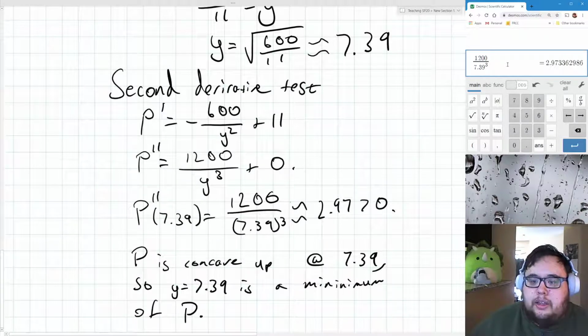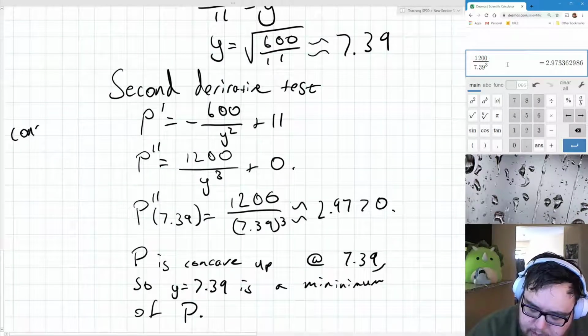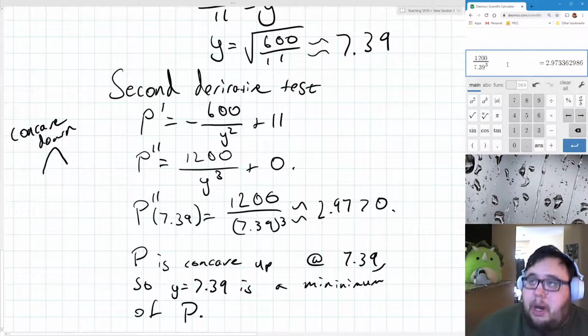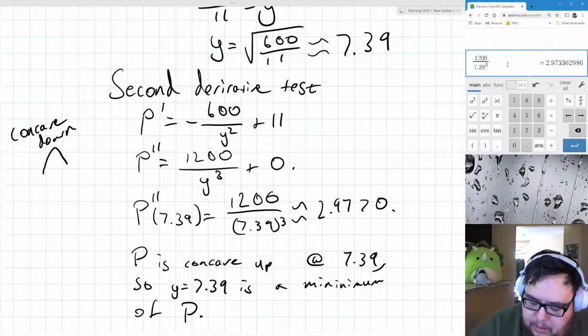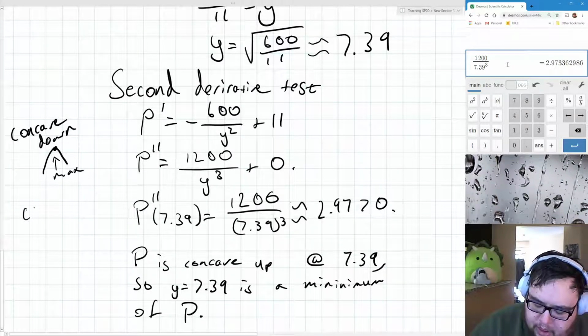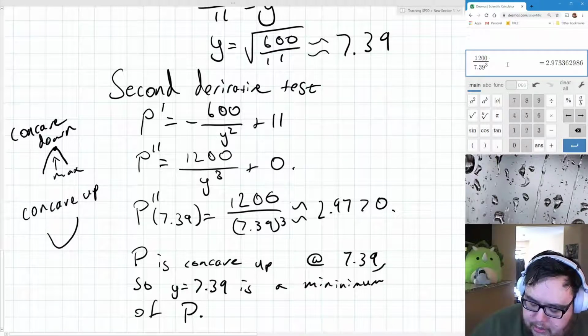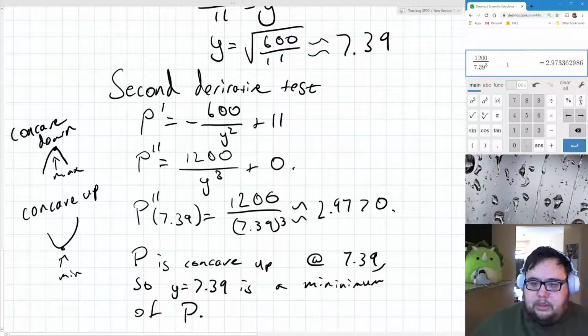So if it was concave down, it'd be a maximum? Yeah, concave down means that the concavity is on the bottom side of the function, right? So that means it has to be a maximum. And concave up means the concavity is on the top side. Is it always concave up when it's positive?